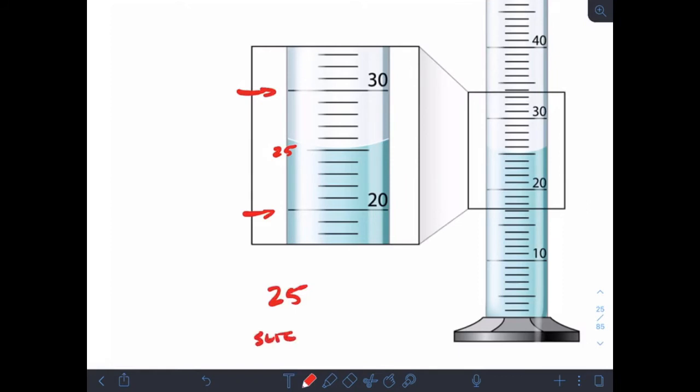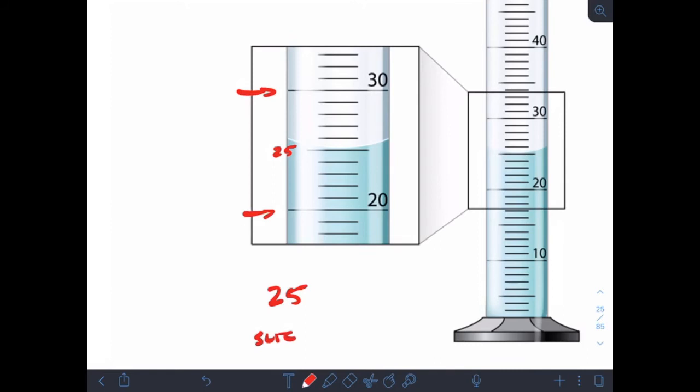So now we're going to guess or estimate one more digit. And when we take measurements from a graduated cylinder, we always want to measure from the bottom of the curve. All right, the curve is called the meniscus. So where does the bottom of that curve live? Right, it's just a hair above 25, right?